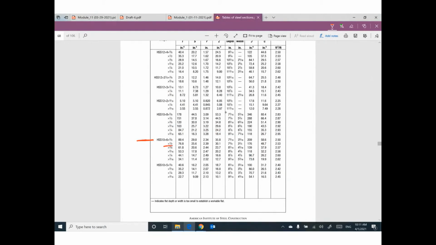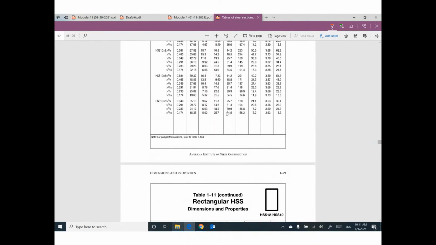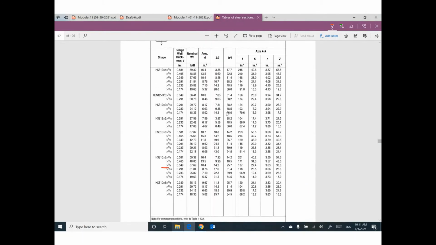Here you go, this one. Everything you need about this tube, like the thickness, like this length, like this length, you can find it. So 10 times 6 times 3/8, which is the same here.